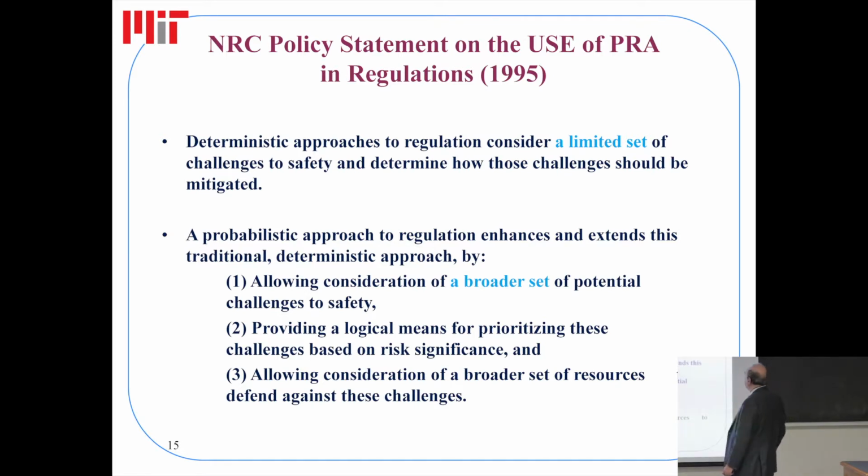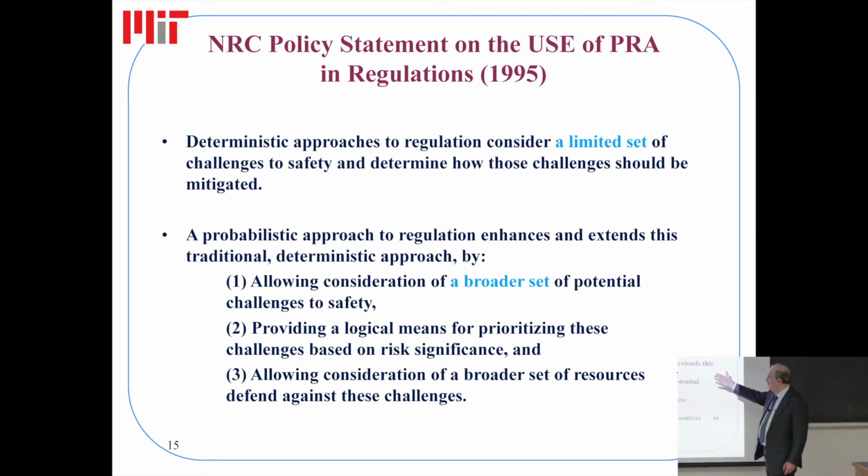So in 1995, the NRC issued its policy statement, which tells the staff what the Commission would like to see, on PRA. So they say some interesting things. The Commission itself says that deterministic approaches to regulation, the design basis accidents in other words, consider a limited set of challenges to safety, as opposed to the PRA.